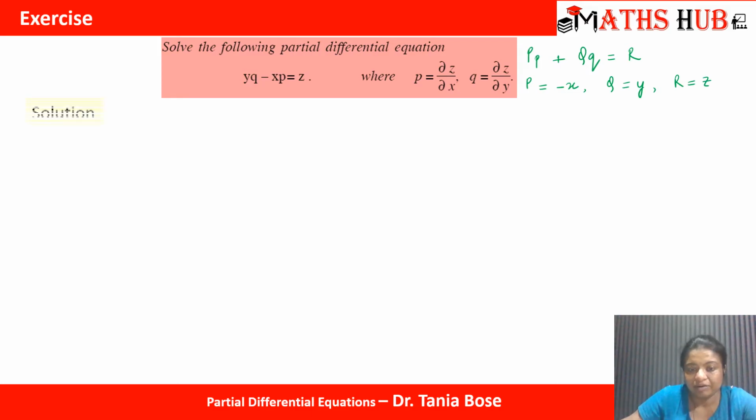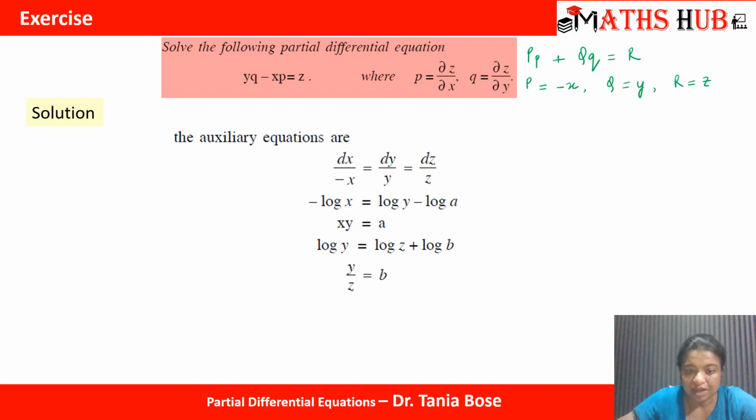So let us frame the Lagrange's auxiliary equations. When we get the Lagrange's auxiliary equations, we get dx upon minus x, dy upon y, dz upon z. Now, since it's very simple, you can see that if I take these equations, dx by minus x and dy by y, I can simply integrate these equations and I'll get minus log x is equal to log y plus log any constant, right?